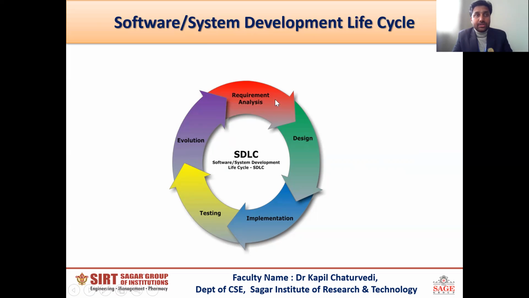Because if they require more modifications in the software, we will again analyze the features which the customer wants, make the analysis, design that module, implement and test it, and add that simple module to the existing software.